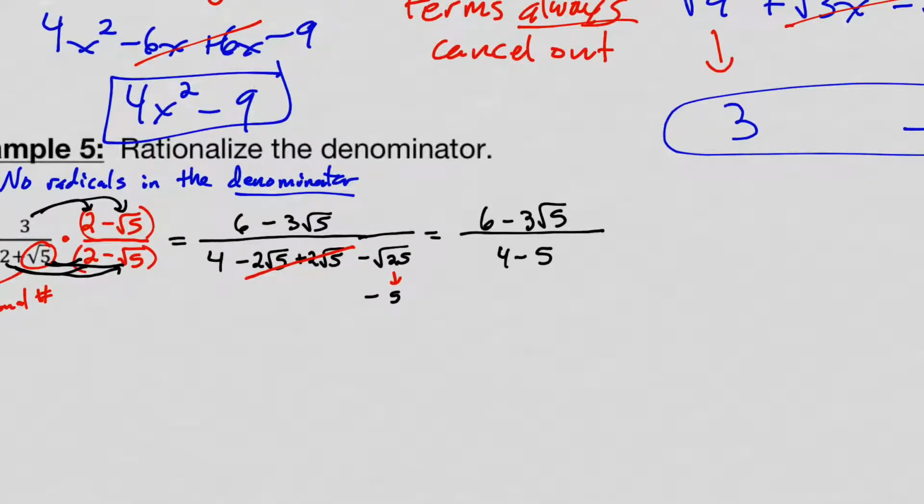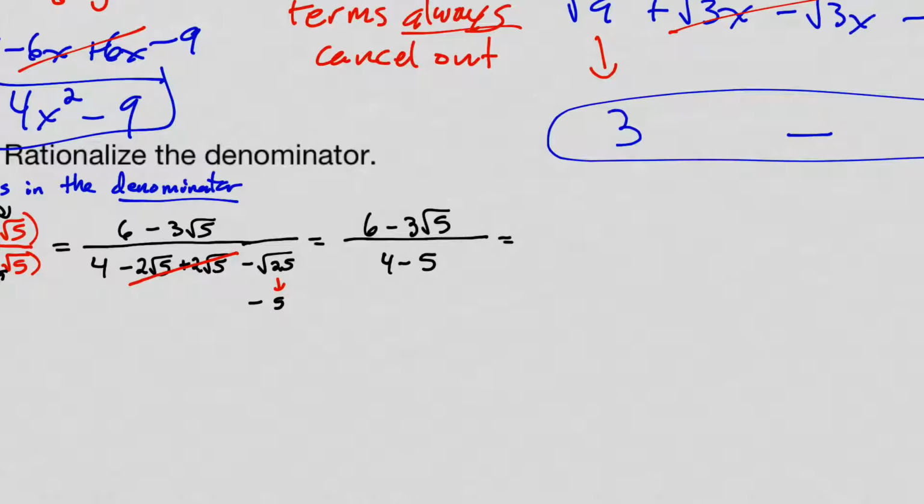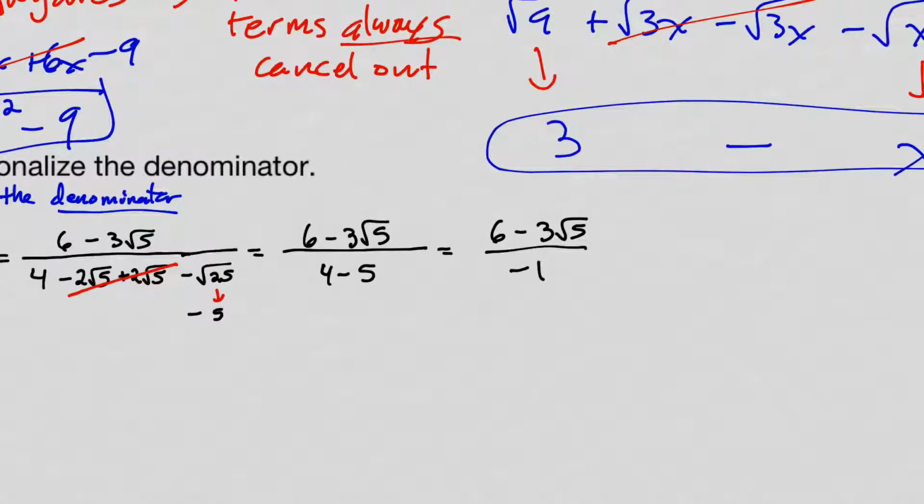And now we finish this. Actually, we have a couple more steps. So the only thing we can do is 4 minus 5 is negative 1. And then we got to separate the negative 1 to both terms here. So that's negative 6 plus 3 radical 5.